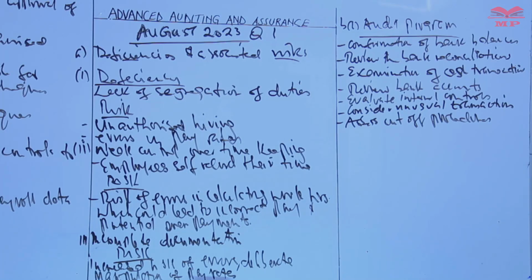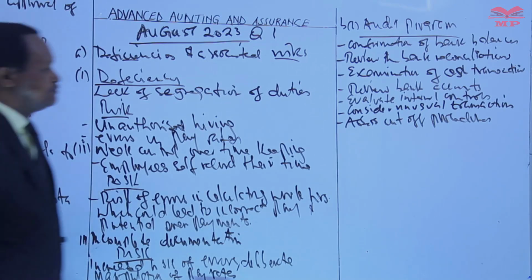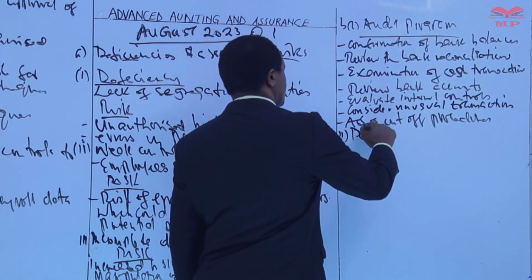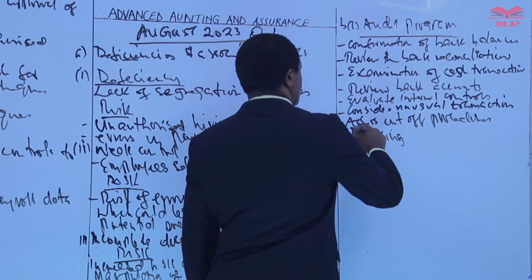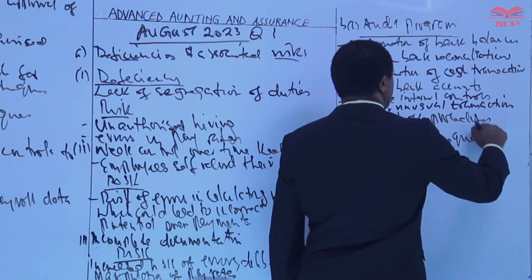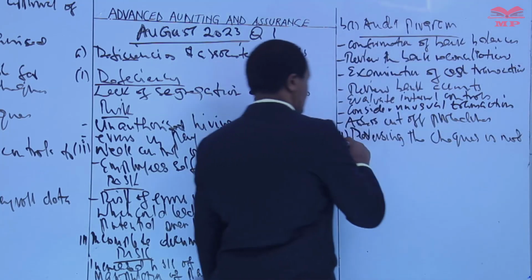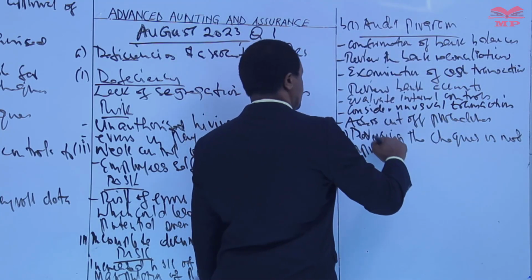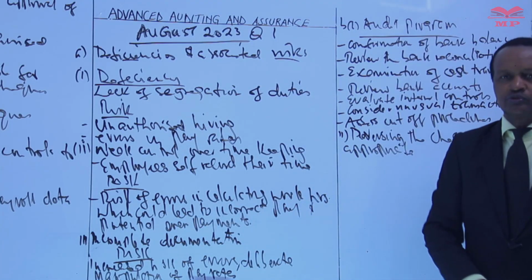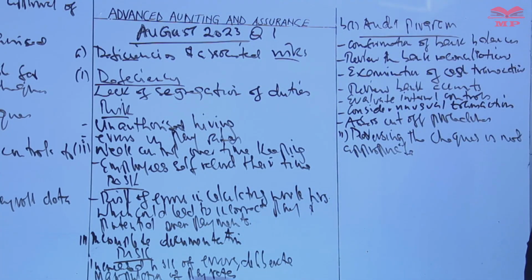It's not appropriate. You've said reversing the checks is not appropriate. Can you give us the justification? So reversing the checks would misstate the financial position.